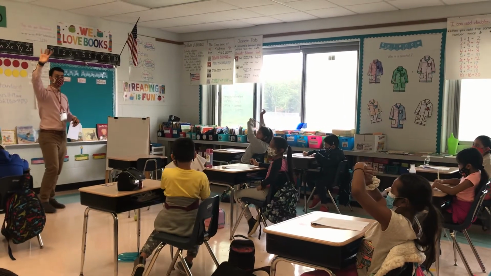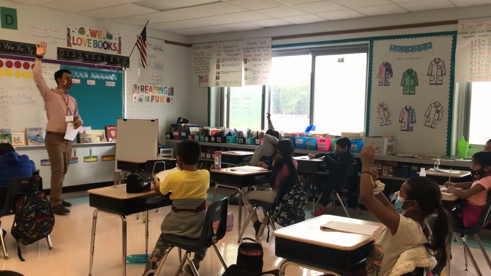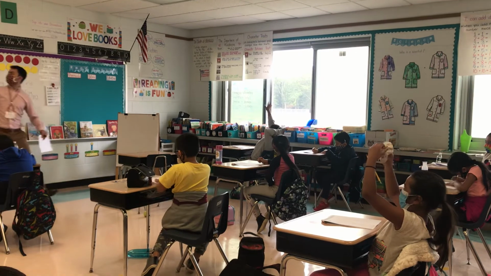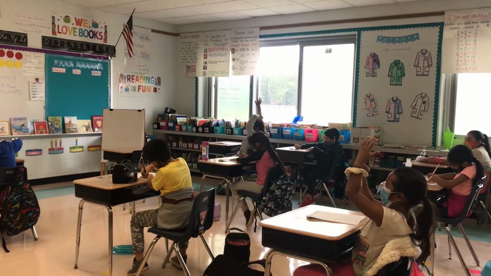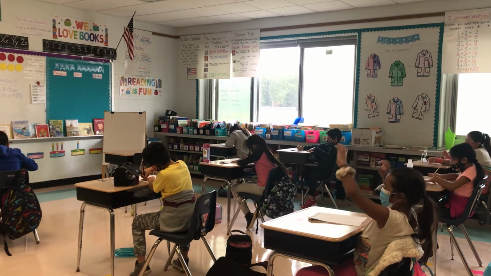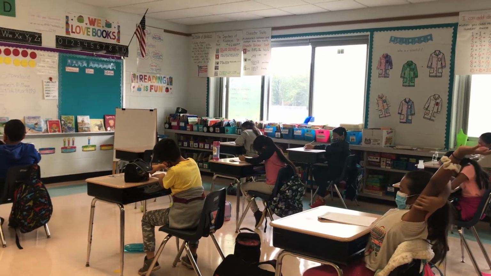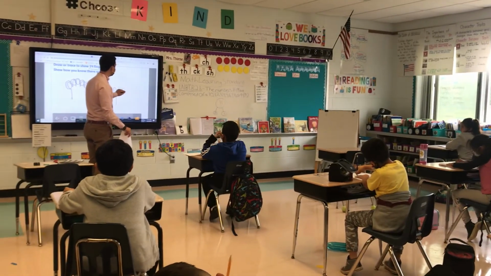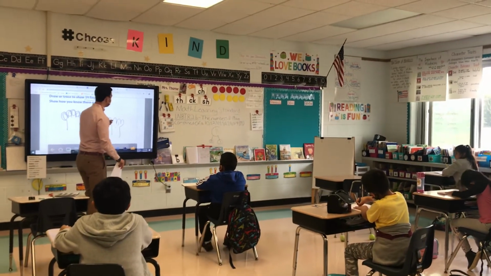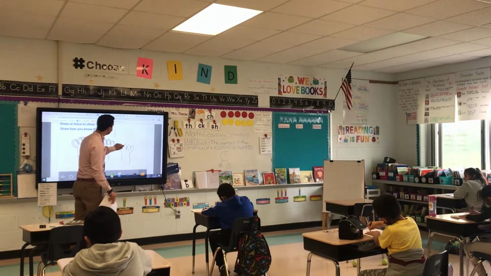Mike. Sophia, how many more fingers do I need to get to 14? We have 10. How many more do we need? Yes, she's right. We have to draw 4 more. 1, 2, 3, 4. We needed 4 more fingers.